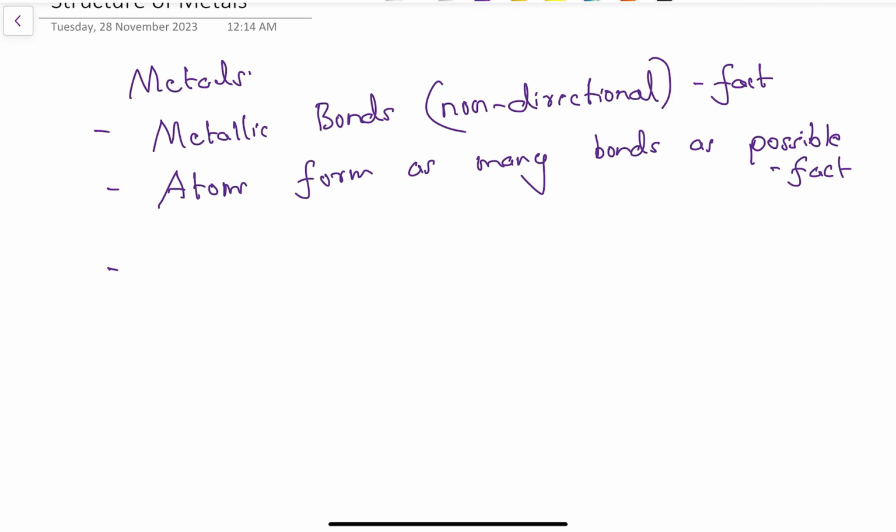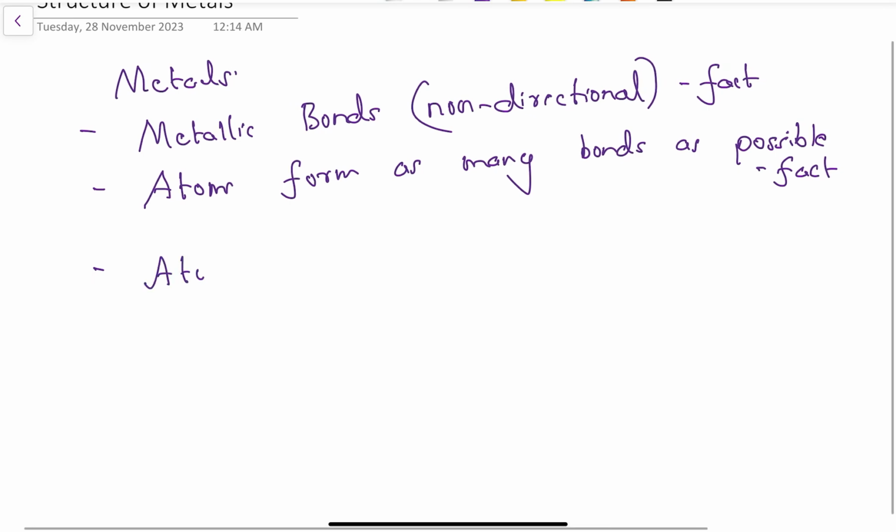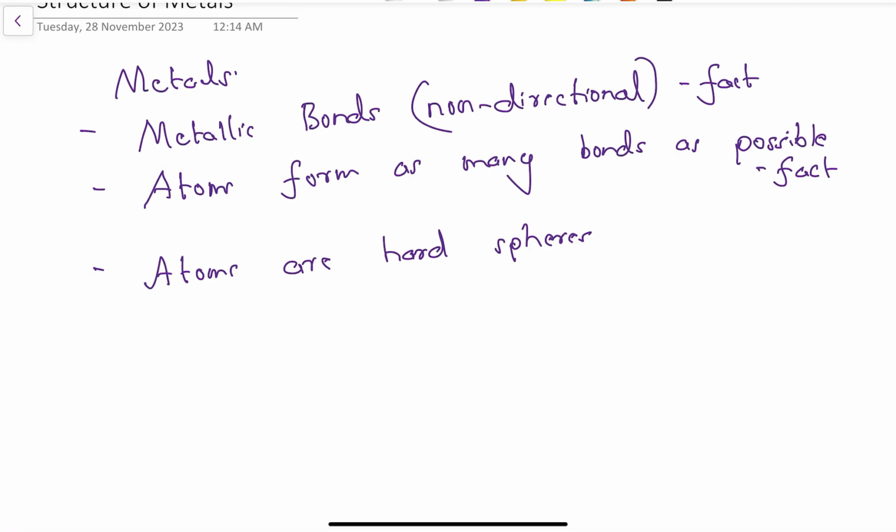Then, in order to visualize the structure of solids, we assume these atoms as hard spheres. So this is partly true. You can assume the atoms to be hard spheres, and you can assume them to be non-overlapping hard spheres.